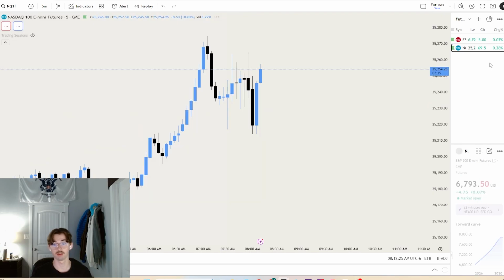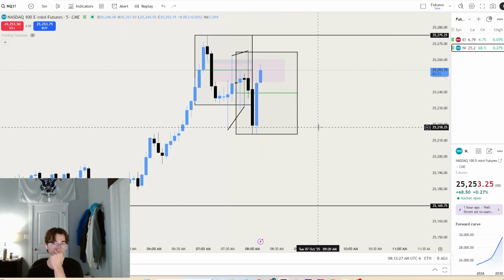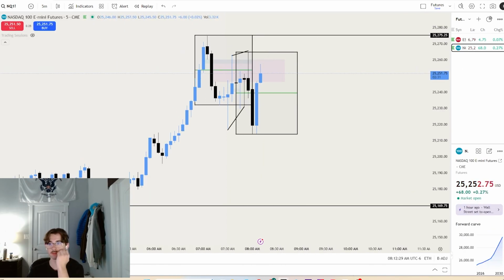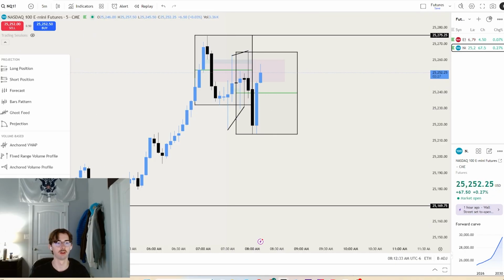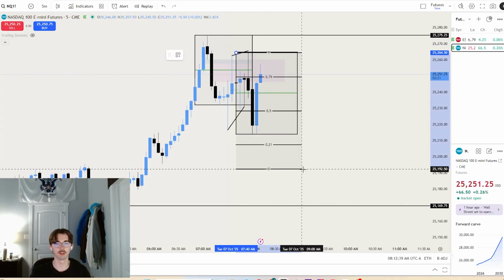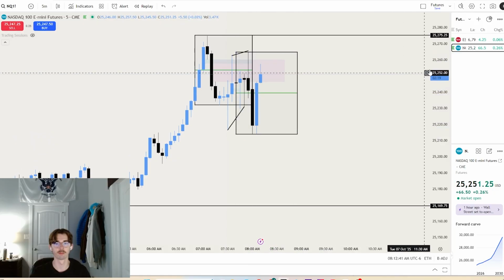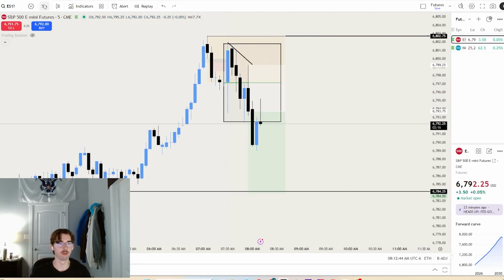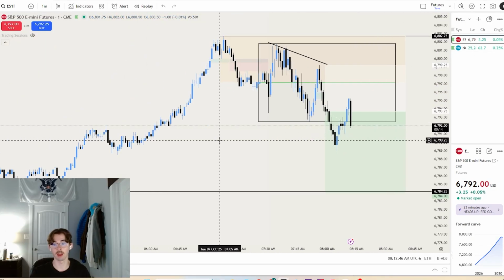I probably should have waited for this 5-minute candle to close, but I didn't want to risk more money, if that makes sense, because it really looks like order flow is starting to shift, and this is good right here.